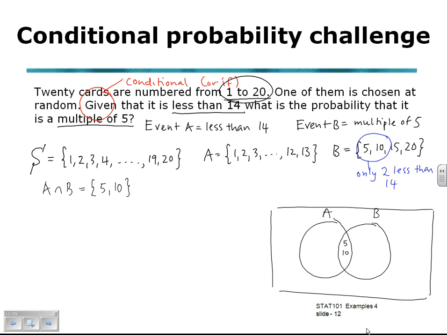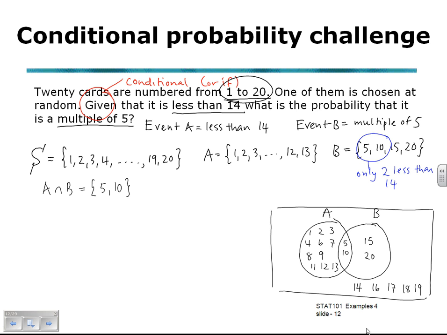Putting the values in the correct positions, A intersection B, the overlap of the two circles, we have 5 and 10 inside the overlap, leaving us 1, 2, 3, 4, 6, 7, 8, 9, 11, 12, and 13 in event A only, and 15 and 20 in event B only. Remembering, our complete sample space is made up of numbers 1 to 20, so there will be some numbers that don't fall inside A or B. The 14, 16, 17, 18, and 19.